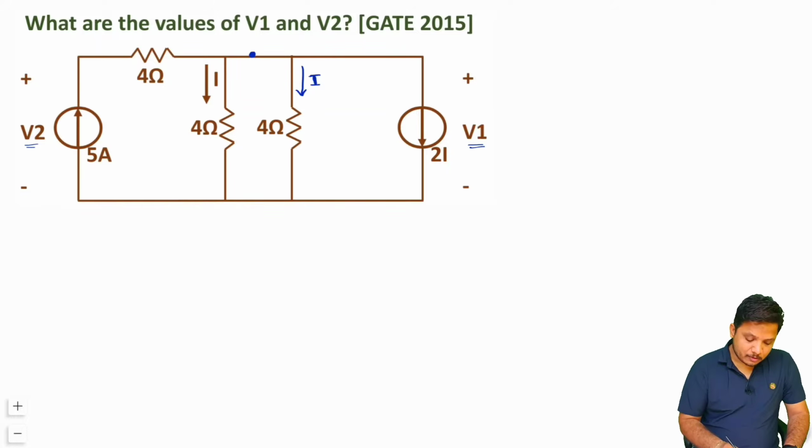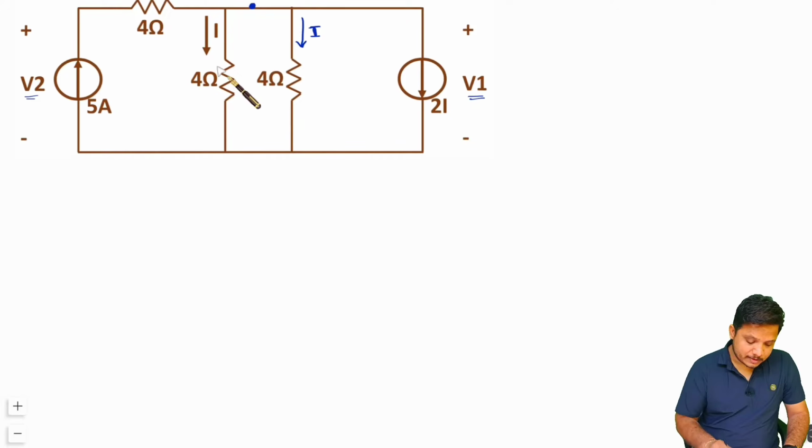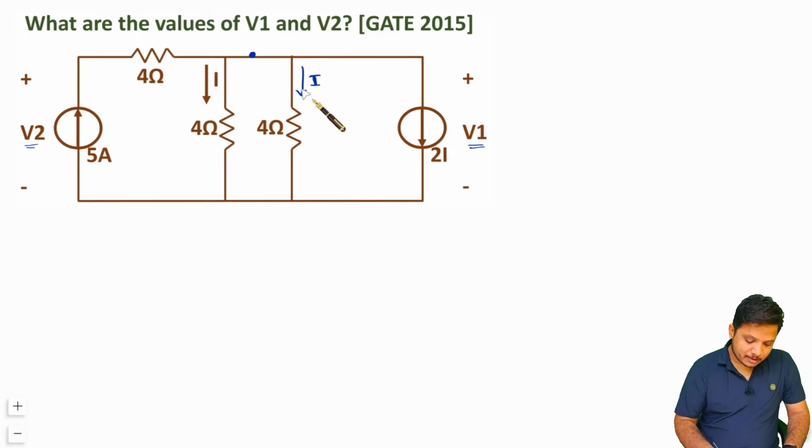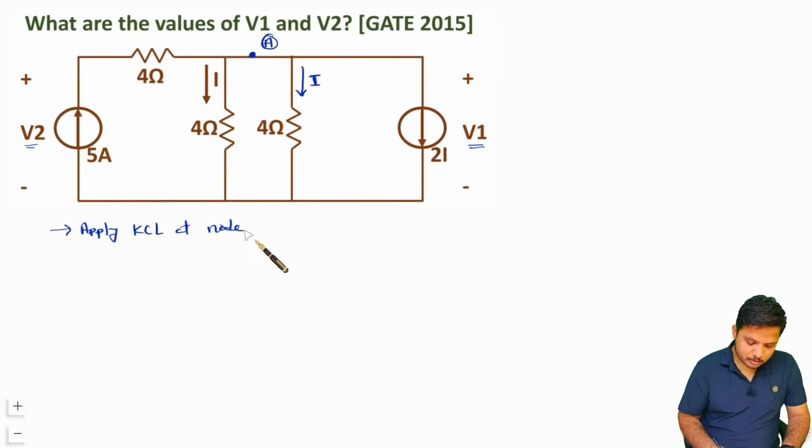Now you can observe that all the branches have current. For this branch we have 5 ampere current, for this branch we have I, for this branch we have I, and for this branch we have 2I current. So I'll consider this as node A, and apply nodal analysis at this node, meaning KCL.